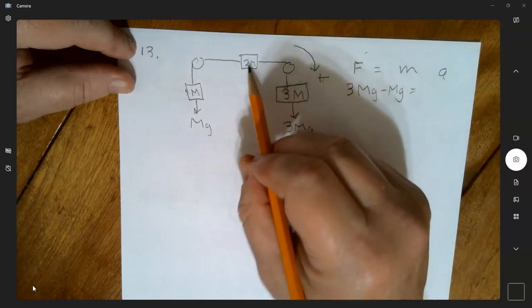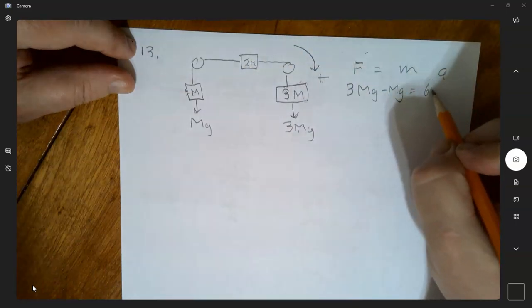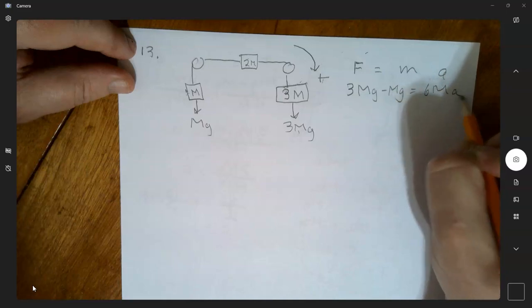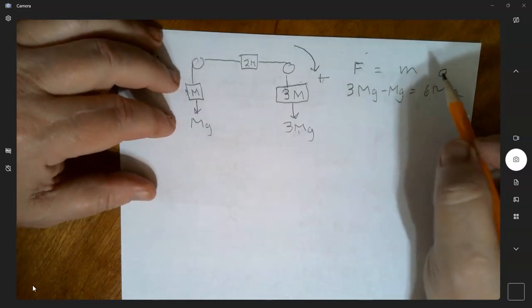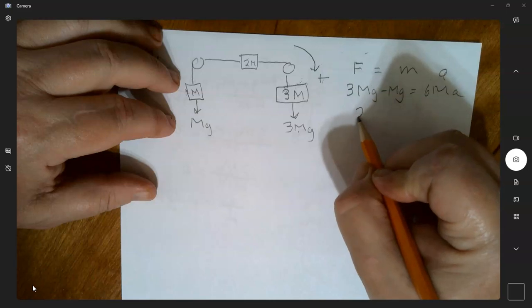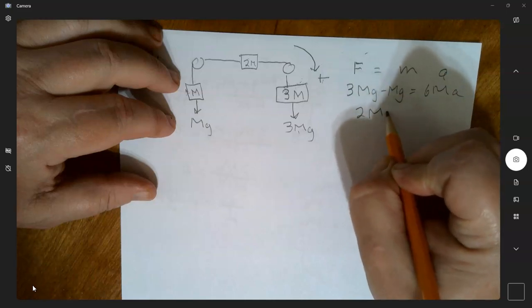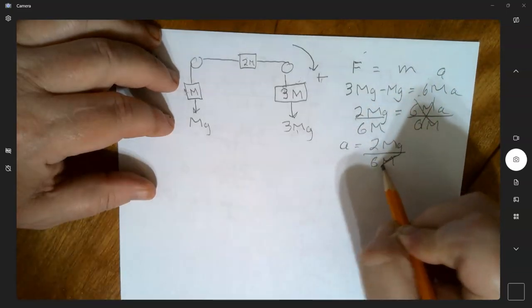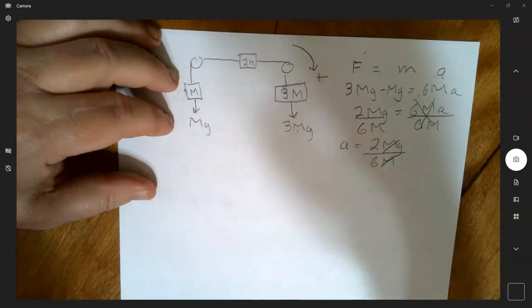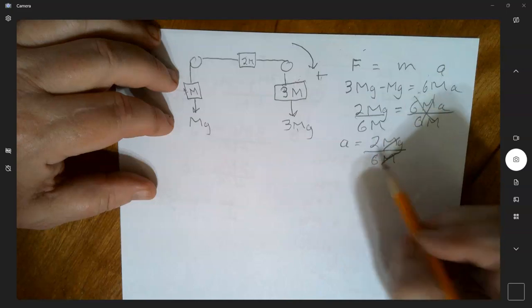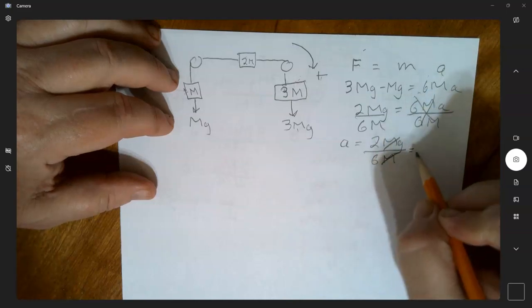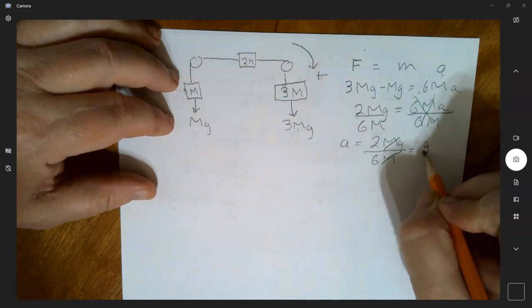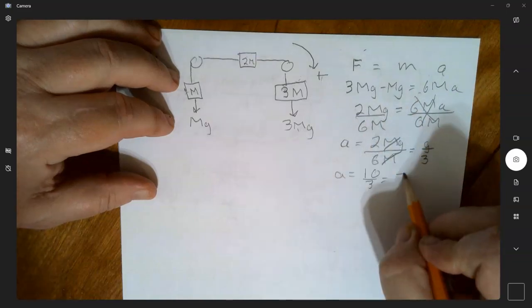And m is 3 plus 2 plus 1 is 6. Okay. All right, we can subtract this and make it 2mg. 3mg minus 1mg is 2mg. Okay, mass always cancels out. 2 over 6 is 1/3. So you end up with g over 3.